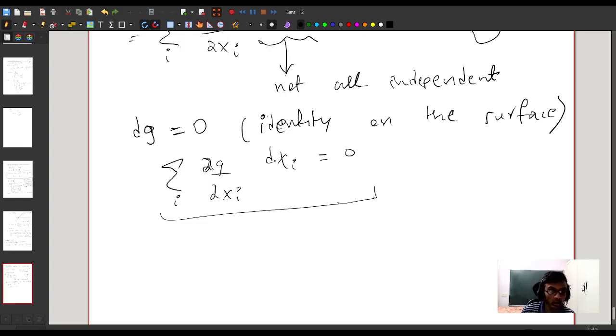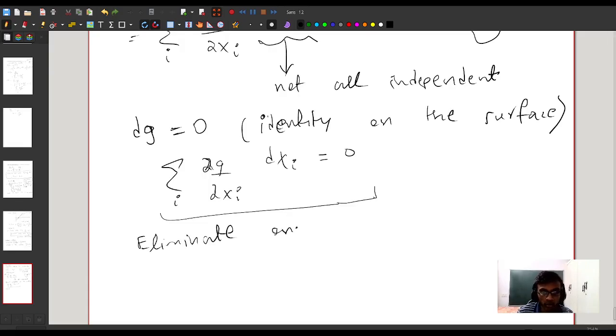So what we can try to do is eliminate one of these, so that we'd have n minus 1 independent variations.